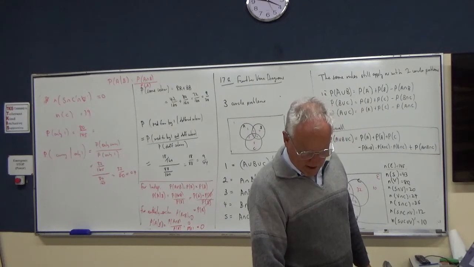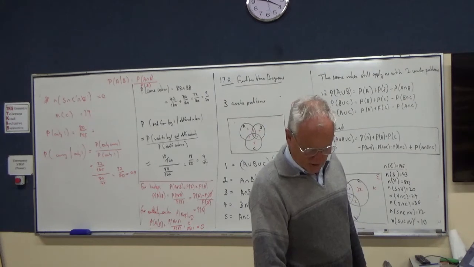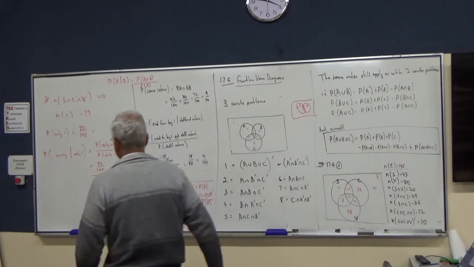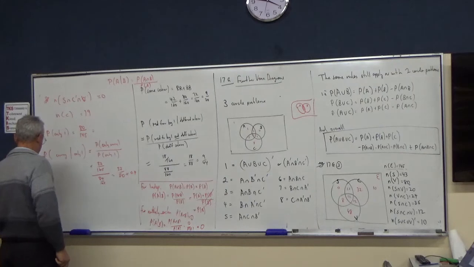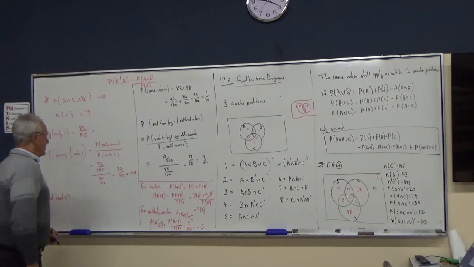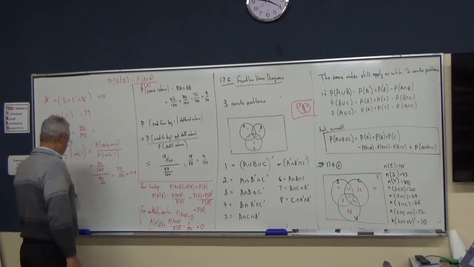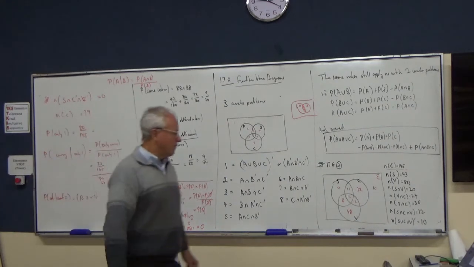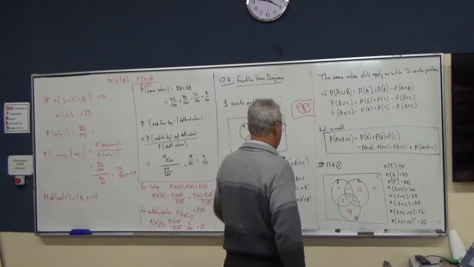Find the probability that a randomly selected student would eat at least 2 of the 3 meals. At least 2. At least 2 means 2 or 3. Probability of 2 or 3.